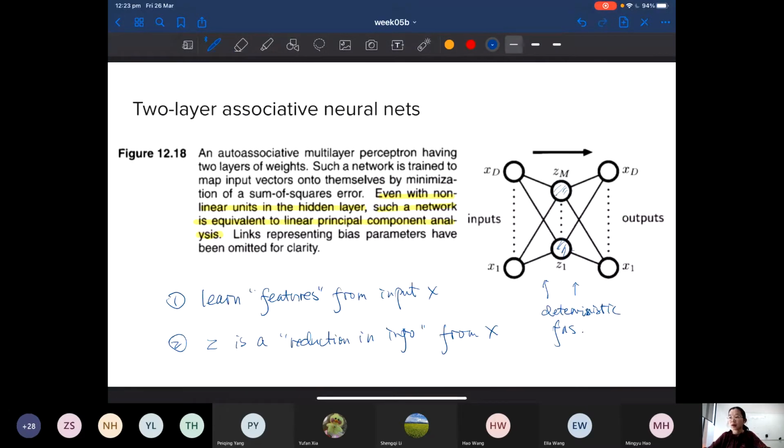Because if we use square loss between the input and output, and we constrain, for example, in the extreme case, to just one hidden unit Z1, then from the argument we went through on Monday, the best projection that guarantees minimum square loss is Z1 being the projection to the first principal component of inputs X.